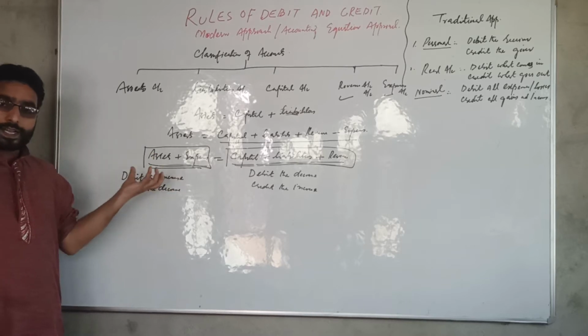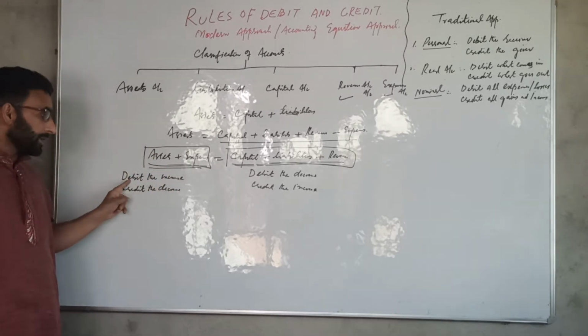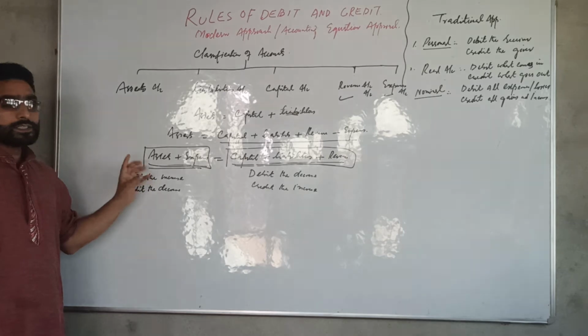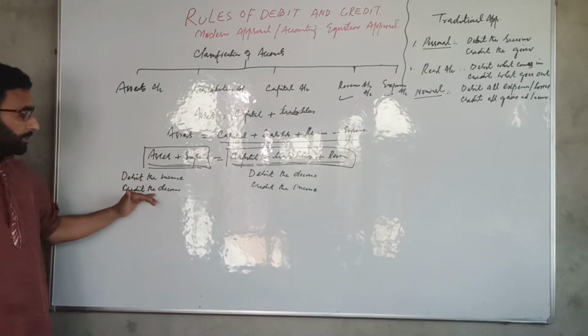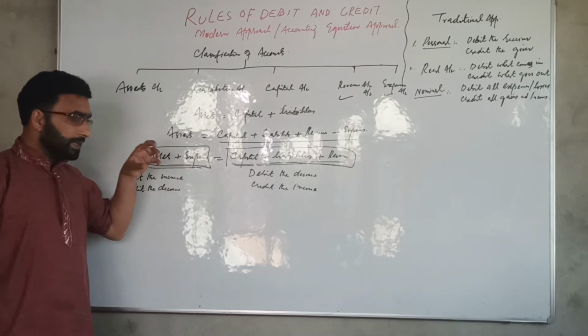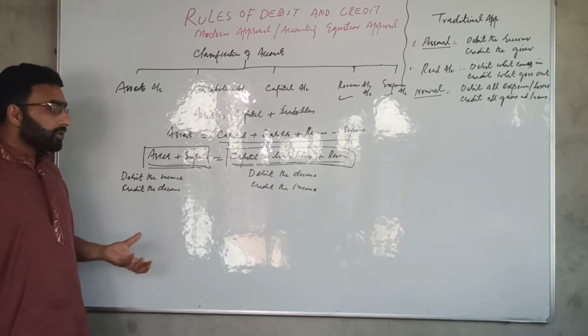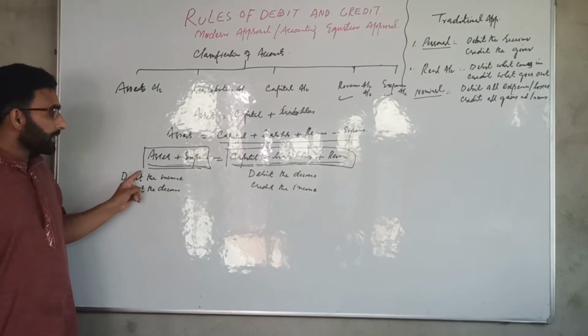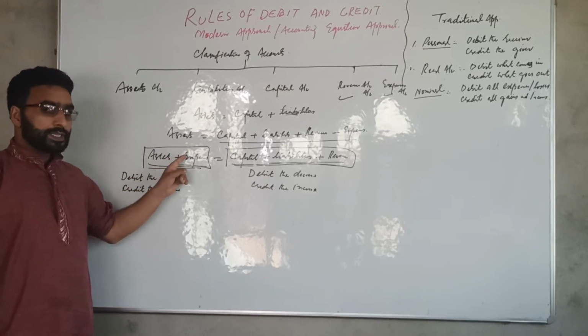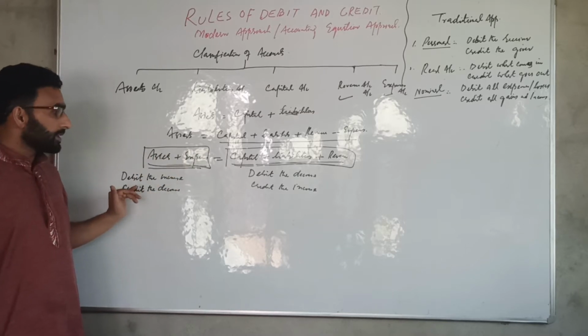If there is an increase in assets, it is debited. If there is any decrease in assets, the assets account is credited. Similarly for expenses, if the expenses account increases, it is debited, and when the expenses account decreases, it is credited.